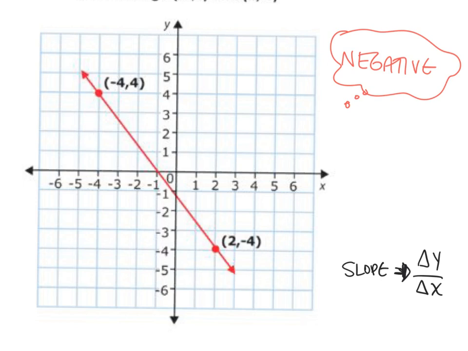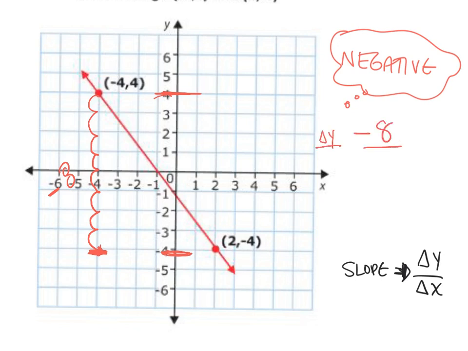So I know it's negative, and coincidentally, notice that from this leftmost point to this rightmost point, you're going to go down 1, 2, 3, 4, 5, 6, 7, 8. You went down 8. You are here. From 4 to negative 4, it's negative 8. That was the change of y.